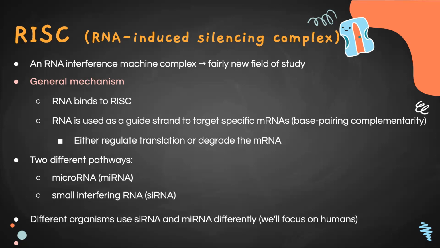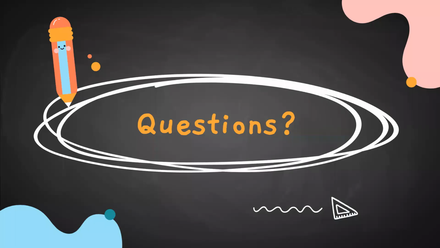The terms endogenous and exogenous can also clue you into the difference between the two pathways. Because miRNA is endogenous, it starts off already inside your cells, whereas siRNA has to come from some outside source, like viruses or other bacteria. Okay. Any questions on that so far?